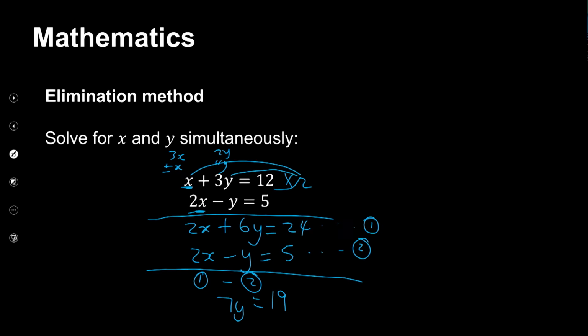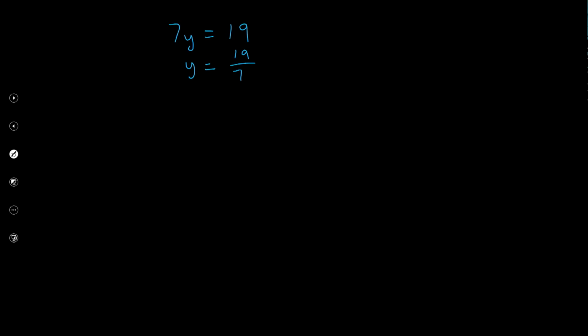So I can choose either of the two original equations, right? I will take the first one, which is x plus 3y equals 12. You substitute that y there, so it's x plus 3 into the 19 over 7 equals 12, and then you solve, right?